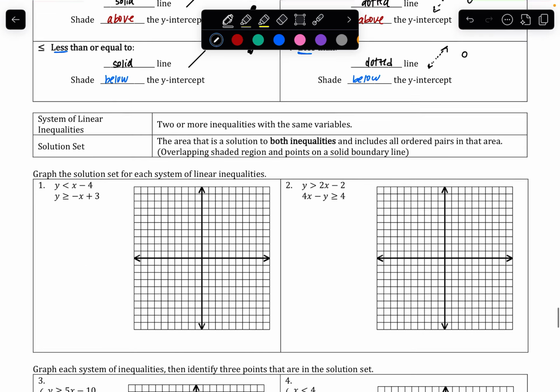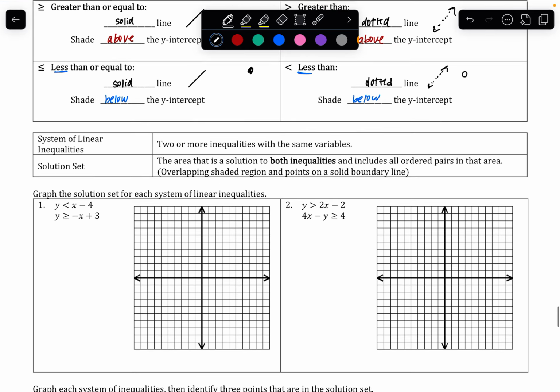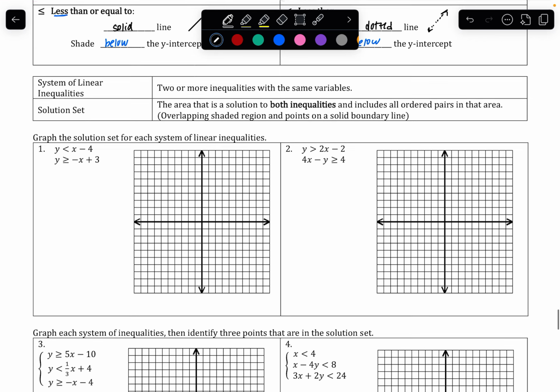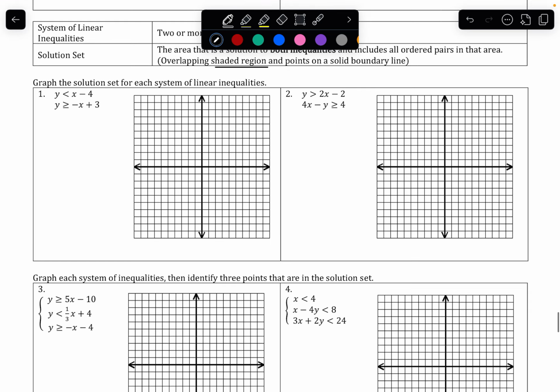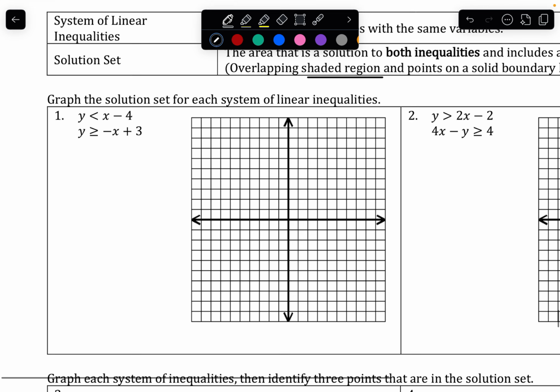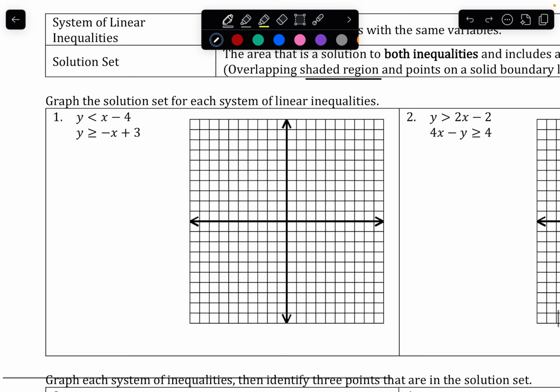Okay, and so when we talk about a system of linear inequalities, we're going to have multiple lines on our graph, and we're going to have a solution set, which is going to be the overlapping shaded region. So looking at this first example, first graph what I call the boundary line. Ignore the inequality symbols for now and just graph y equals x minus 4.